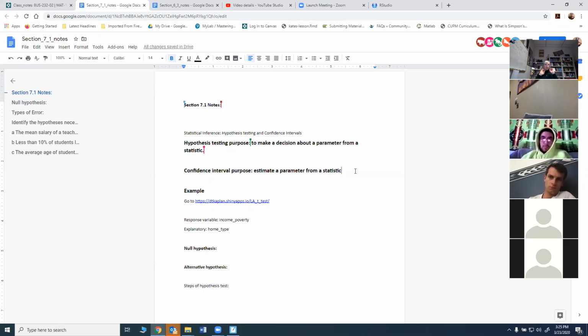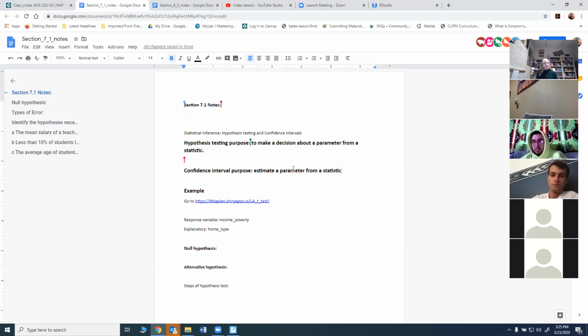We can say, we think it's going to be this high or this low. We can't be sure, though, until it actually happens. But it gives us an idea. And so we're going to be looking at confidence intervals and hypothesis testing for the rest of the semester. This is what we do. This is what statistics is all about, figuring out what parameters are from the little tiny statistics, so what's happening in the big giant population from these little tiny samples.